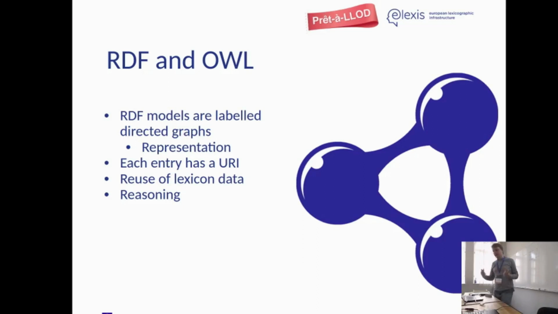So when we're talking RDF and OWL, well, RDF is actually a fairly great way to represent data, as it's a labeled directed graph. So this basically means it's a graph where the links between nodes have names as well, which is a very, very powerful representation format, sometimes perhaps almost too powerful. It allows us to give a URI to each entry, which is much better for representation, allows easier reuse of lexicon data, and of course, because we have RDFS and OWL, we can even incorporate reasoning if we need to.